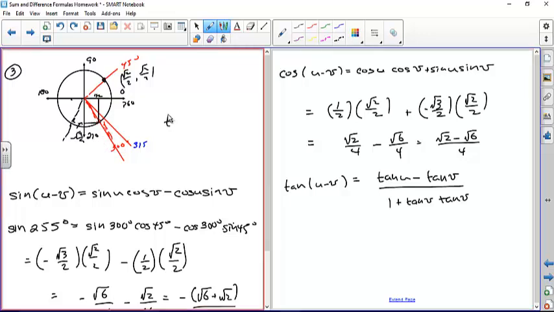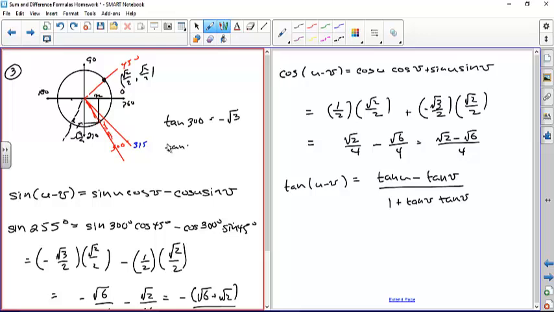So the tangent of 300 is going to be the sine divided by the cosine, and because we're in the fourth quadrant, it's going to be negative. And because the sine is greater than the cosine, it ends up being minus the square root of 3 instead of the other option, the square root of 3 over 3.